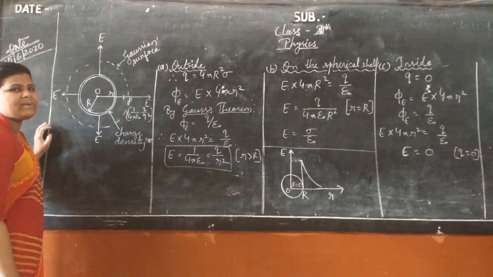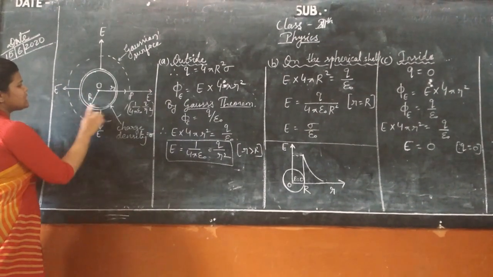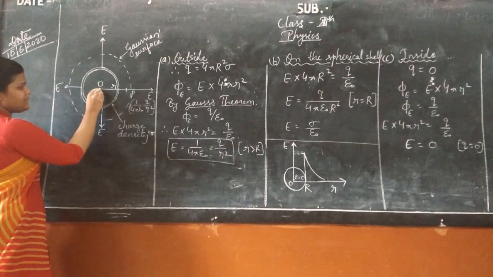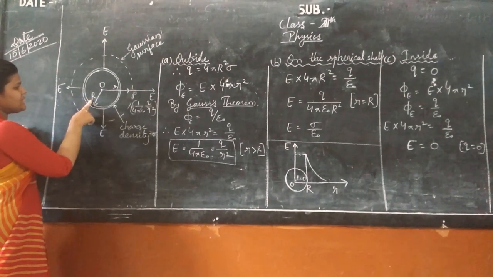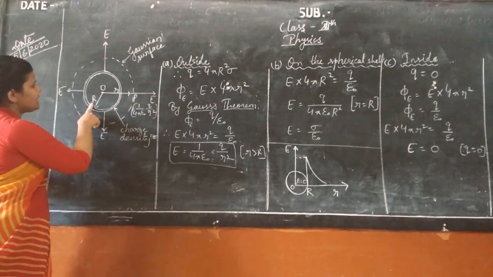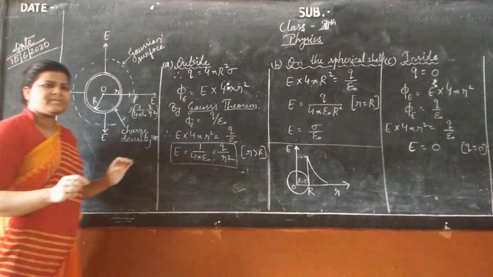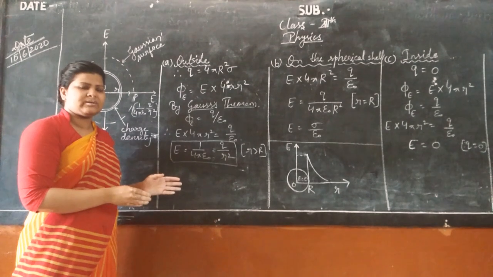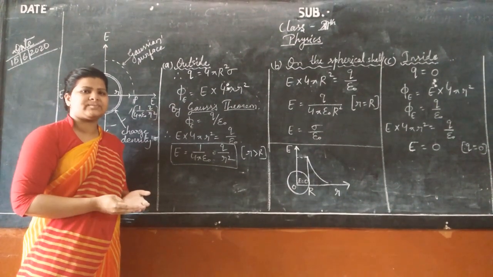So first let me explain the diagram. This is one shell, this is the center of shell O. From center you can see this is the radius of the shell R. Now as we have already discussed, whatever charge we apply to any conductor, that charge is distributed over its surface.